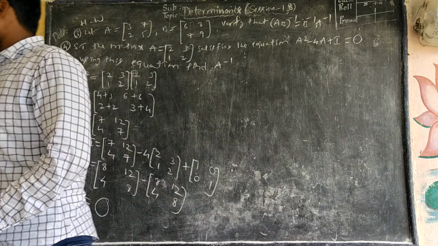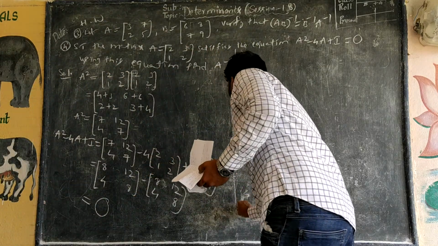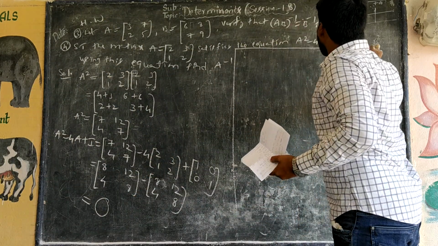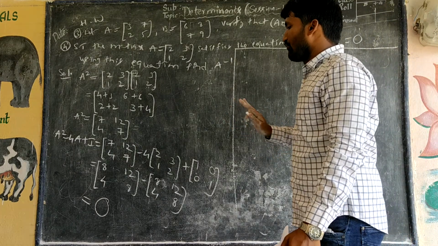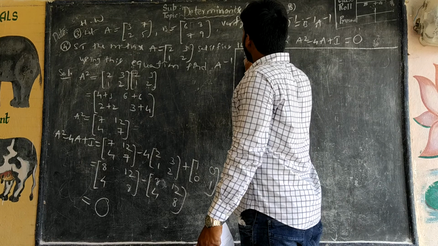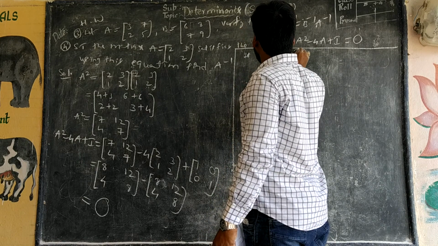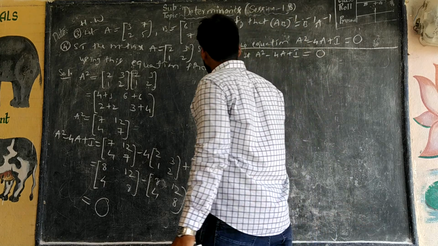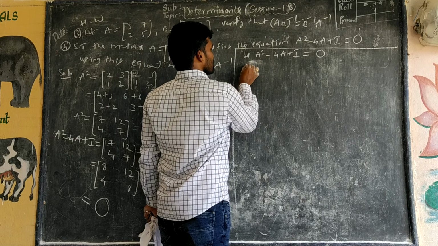Now by using that equation, we need to find A inverse. Not by using the formula we already know, 1 by delta into adjoint. Don't use that formula. From this equation, we need to find the A inverse matrix. Take that equation: A square minus 4A plus I equal to the 0 matrix. Now pre-multiply with A inverse.